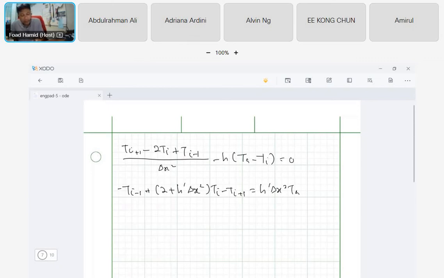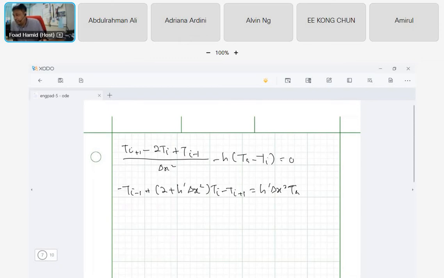Note that all these values are known. H prime is given, delta x is your dimension x, and Ta is the ambient temperature. What is not known is this value here.